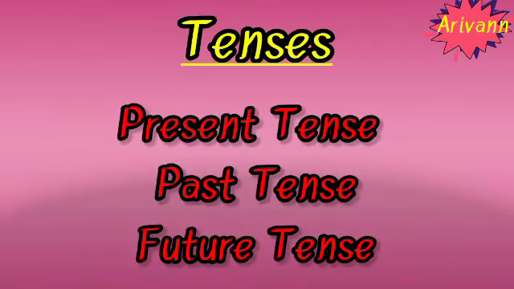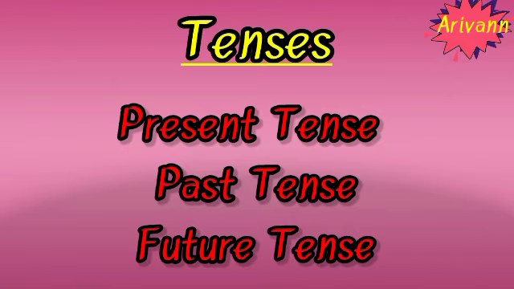Rules of tenses help you understand how to correctly use the different tenses in a sentence without making a grammatical mistake, and also by easily indicating when an event or action has occurred. Tenses can be divided into three parts: present tense, past tense, and future tense.